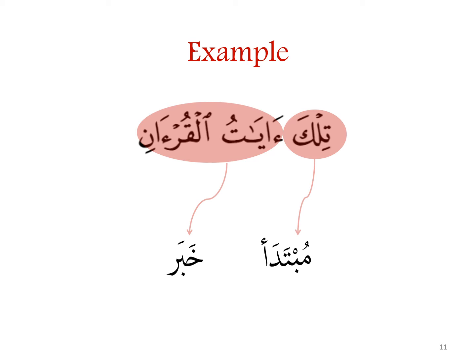So here's an example from the Qur'an where we have the mubtada tilka, an ism ishara, together with a khabar, which is a phrase. Ayatul Qur'ani. So we have an idafa phrase here.